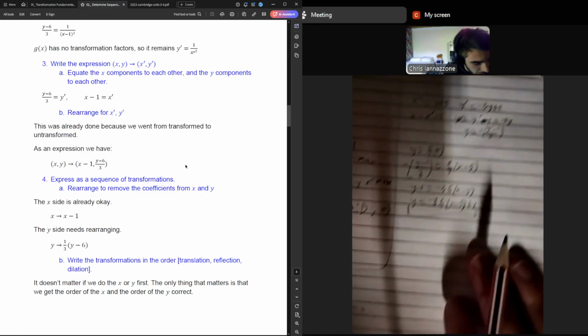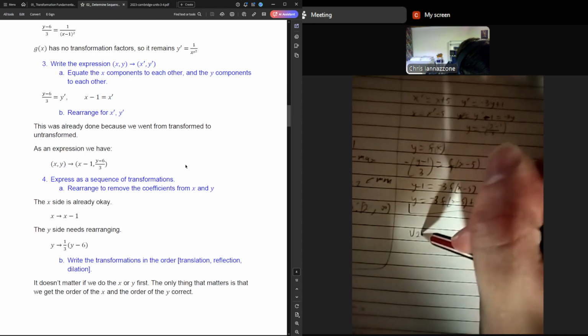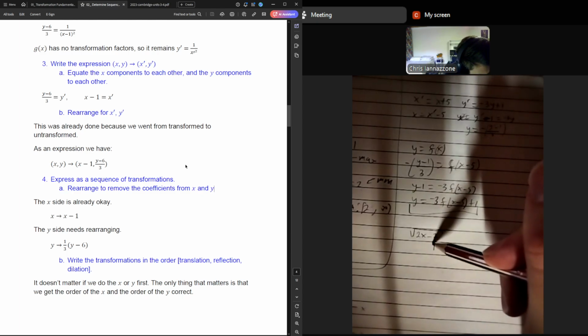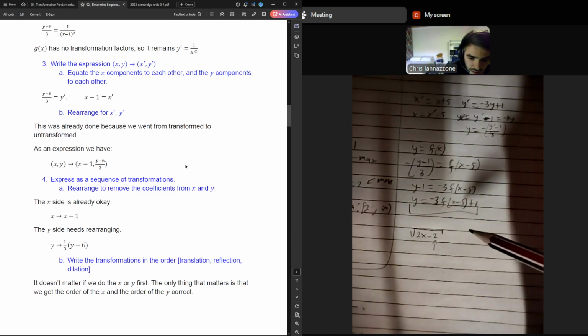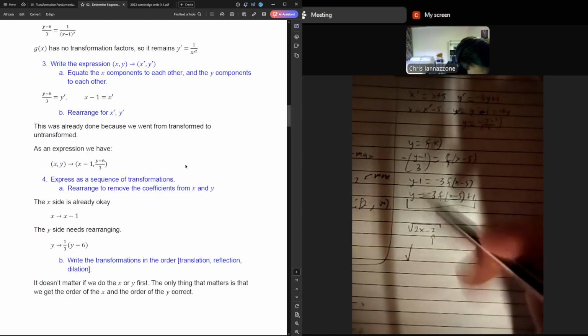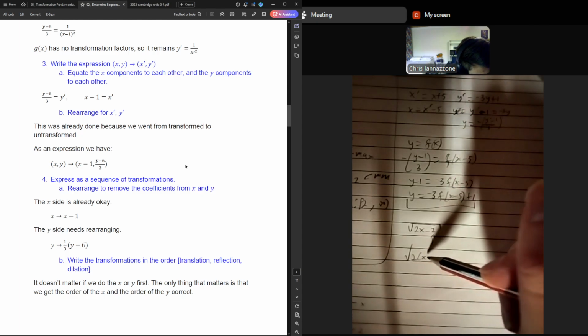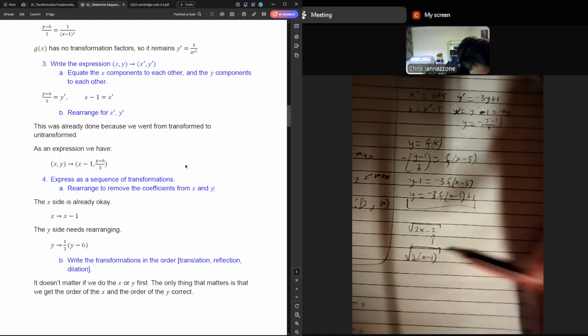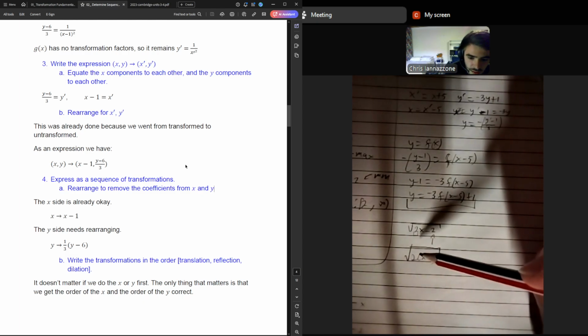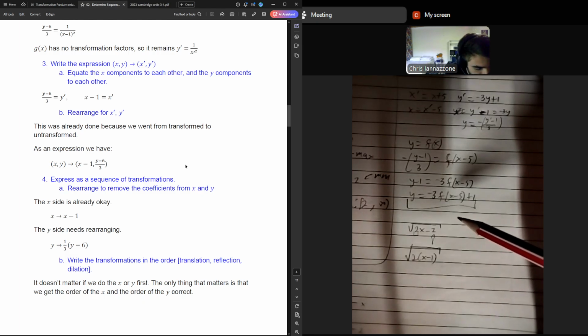So for example, if I had something like the square root of 2x minus 2, it is very common for someone to look at that and think, oh, I've got a horizontal translation of 2 to the right. You don't have that. What you do have, in fact, is a translation of 1 to the right. The reason being, you didn't take this coefficient of 2 into consideration.